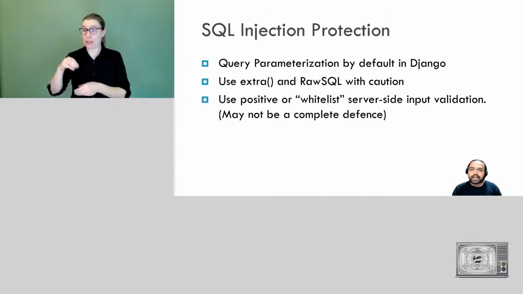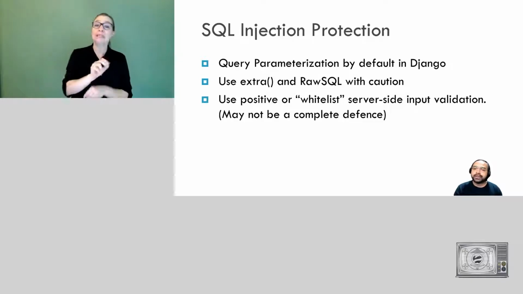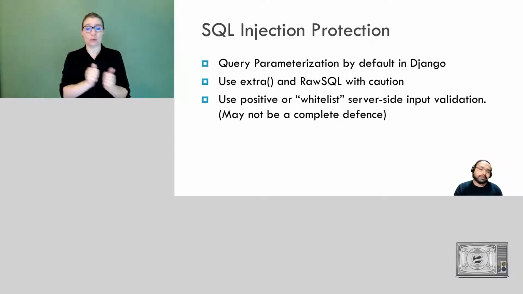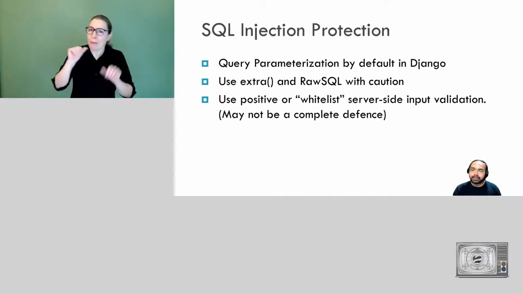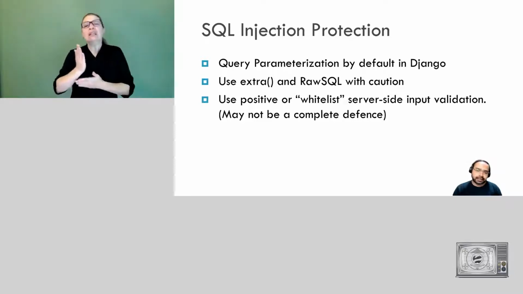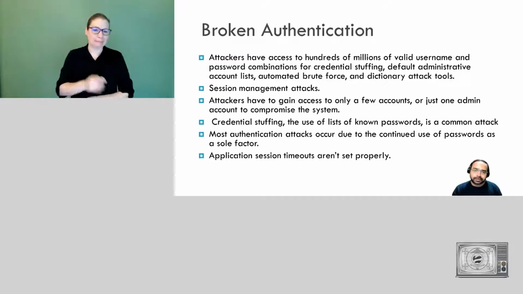And whenever you're using extra and raw SQL functions, use them with caution. Then use positive or whitelist server-side input validation. Of course, it will not be able to provide complete defense, but you can achieve the defense up to a certain extent. So at least you can prevent script kiddies and beginners from succeeding in injection attacks.